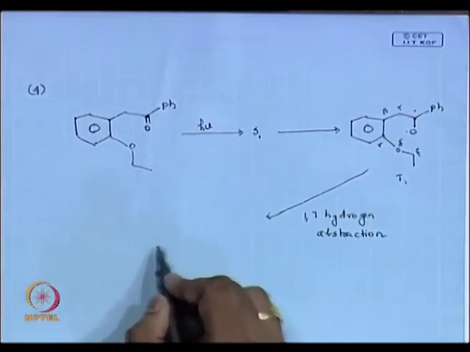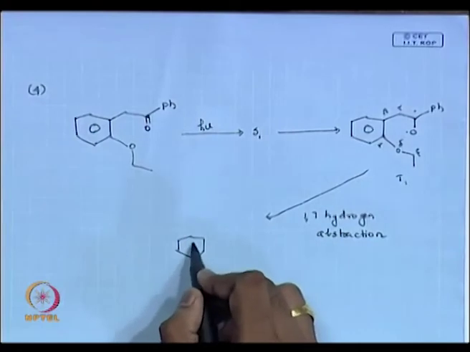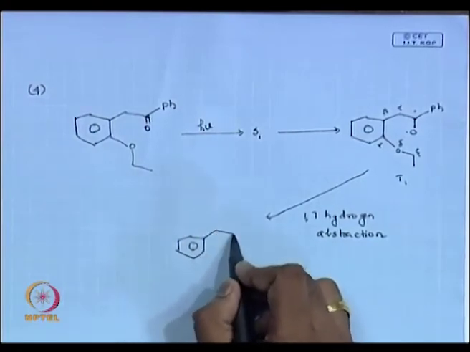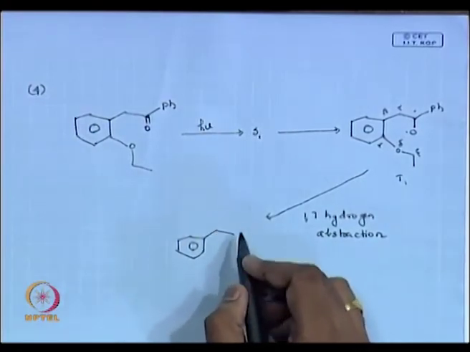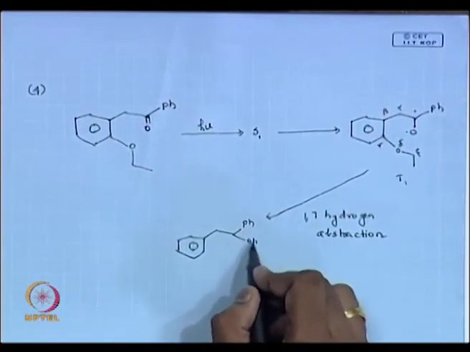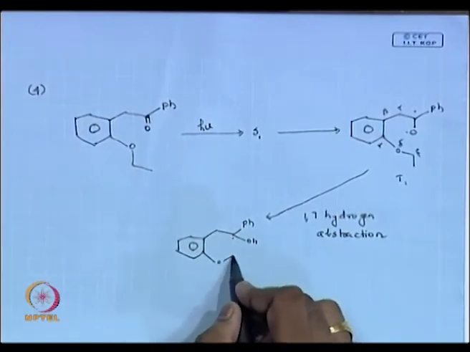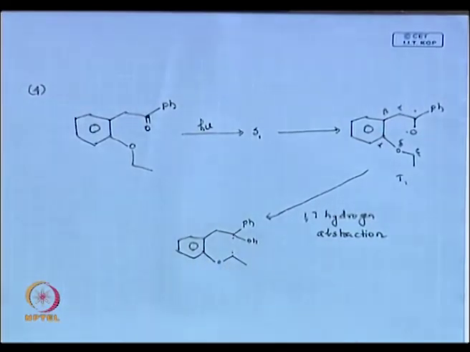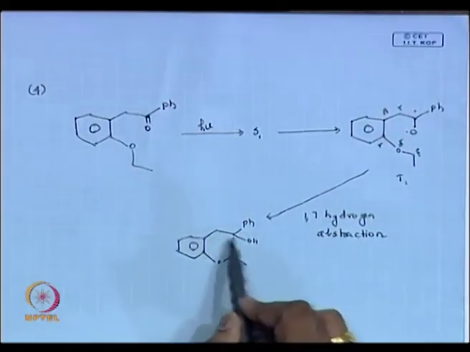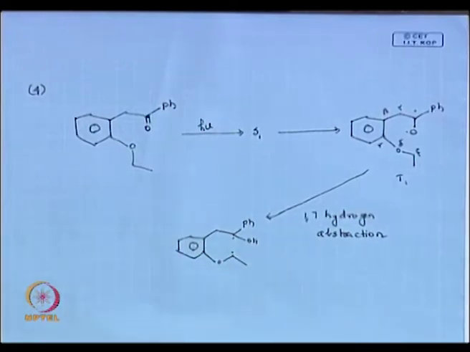So, what do you get if you do that? My phenyl here, make your O dot. Right. So, what is this radical? 1, 2, 3, 4, 5, 6. It is a 1,6 diradical.